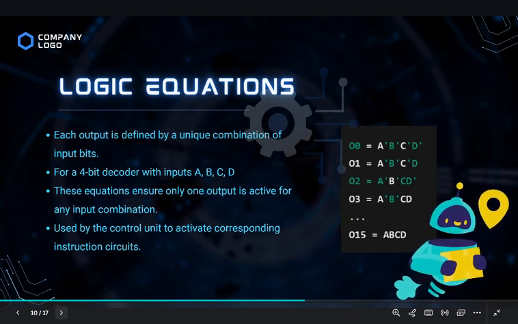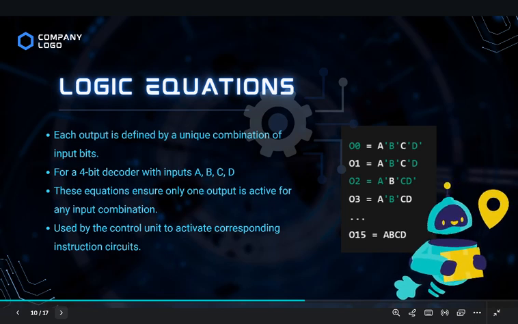For example, O0 is equal to A' B' C' D', O1 is equal to A' B' C' D, O2 is equal to A' B' C D', and O3 is equal to A' B' C D. Here, the apostrophe denotes NOT, meaning the bit is 0.